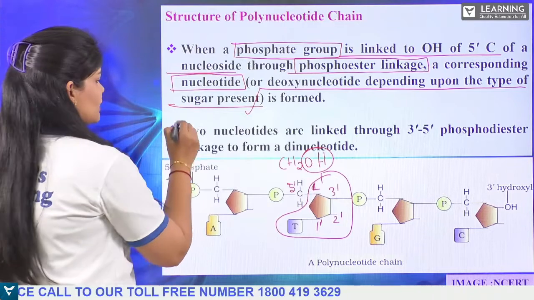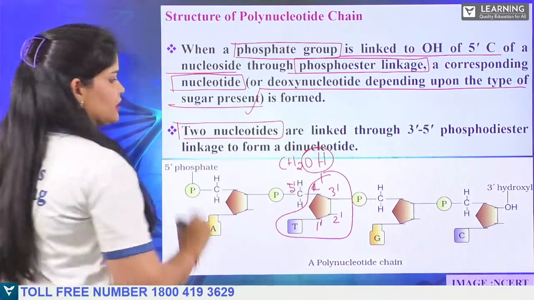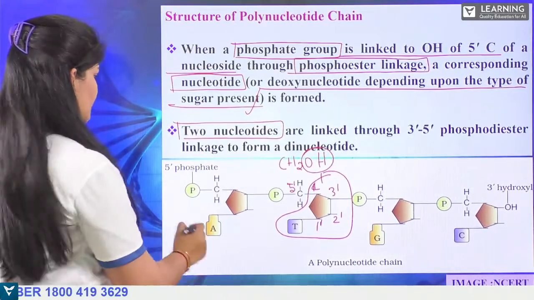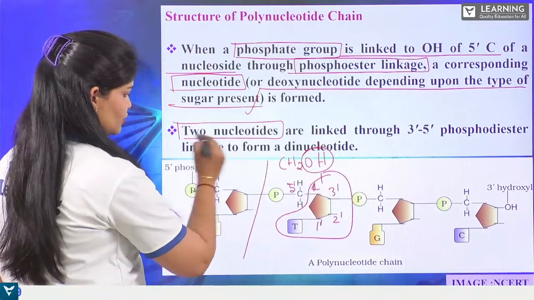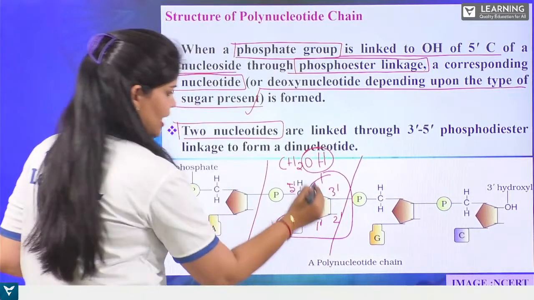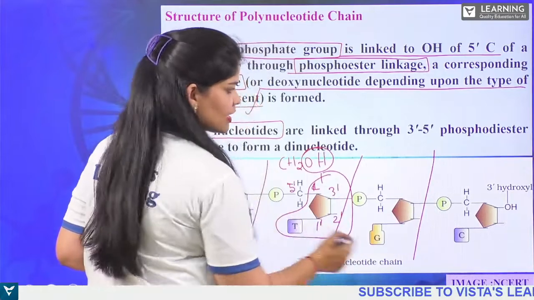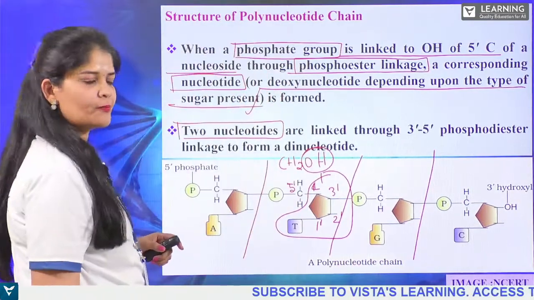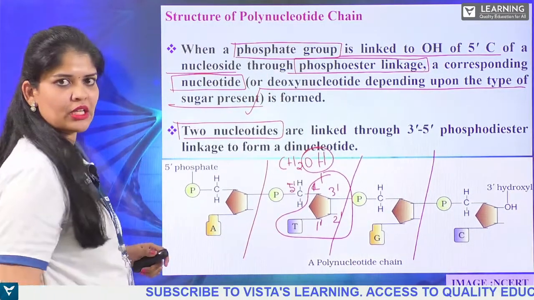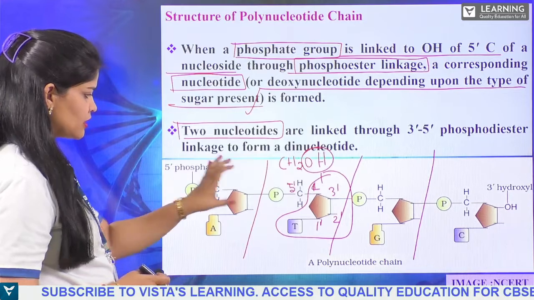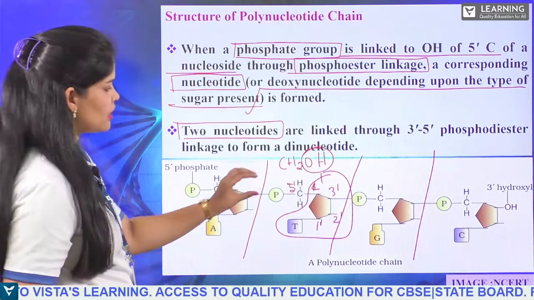Now, 2 nucleotides. See here, this is one nucleotide and this is another nucleotide. This is the third nucleotide in this chain and this is the fourth nucleotide in this chain. So this is 1 and this is 2. Each has phosphate, sugar, nitrogen base.